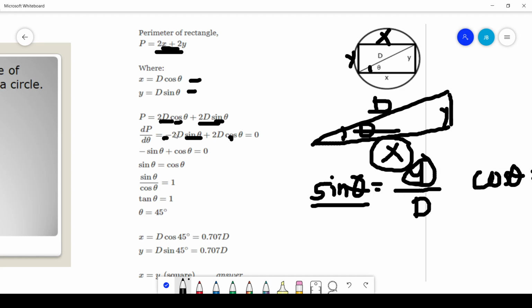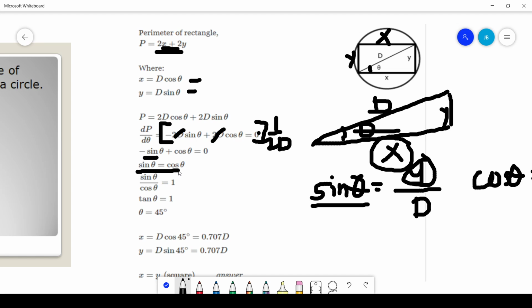Now divide both sides by 2D, so the right side is still 0. 1 over 2D times 0 is still 0. What's left is negative sine theta plus cosine theta equals 0, or sine theta equals cosine theta.